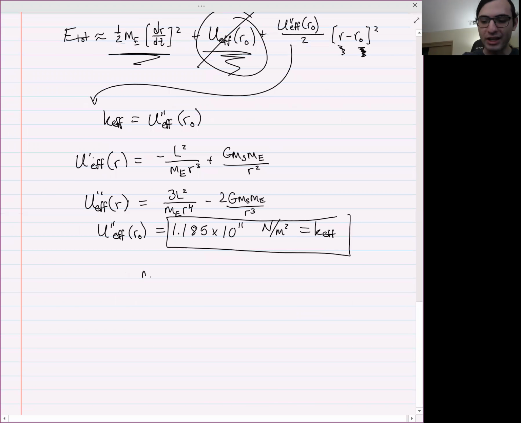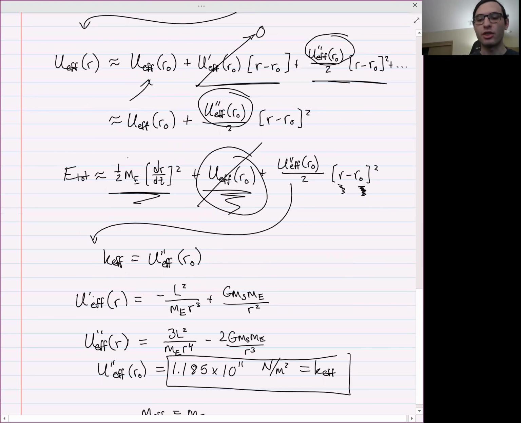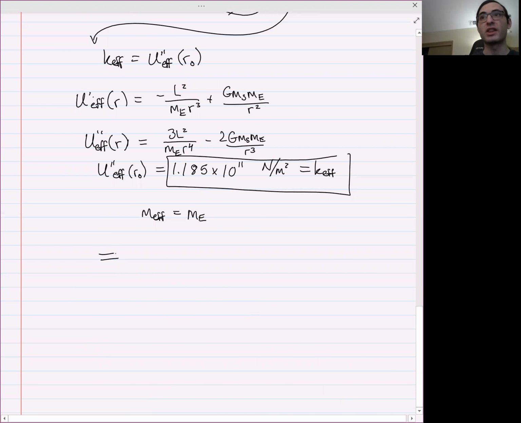The effective mass is just the mass of the Earth, because in our equation, the effective mass is the thing that multiplies the 1/2 times the derivative squared. So that implies that the period is 2 pi times the square root of the mass of the Earth divided by this effective spring constant.